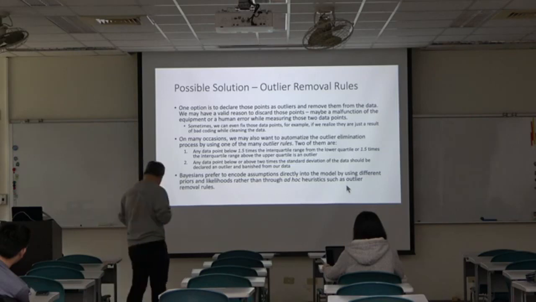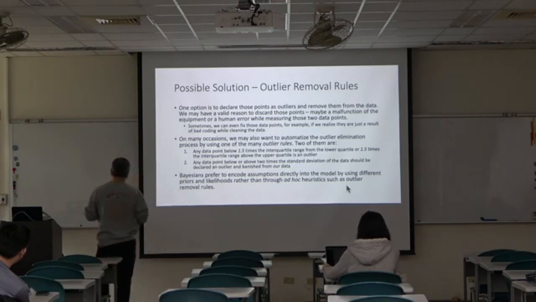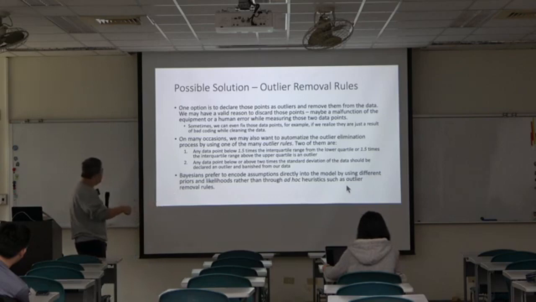So anyway, here, if you only want some simple rule to deal with outliers, what do we do? These are the two rules that we normally use to get rid of outliers.